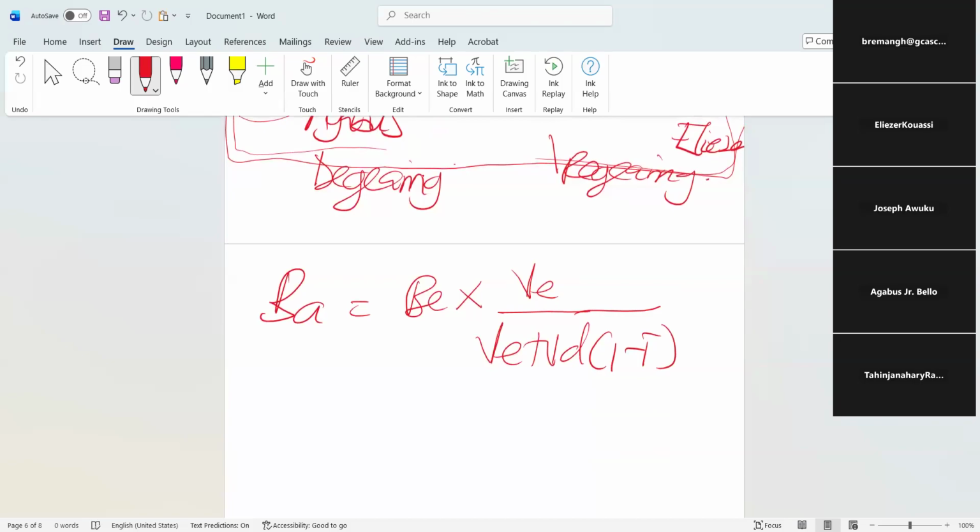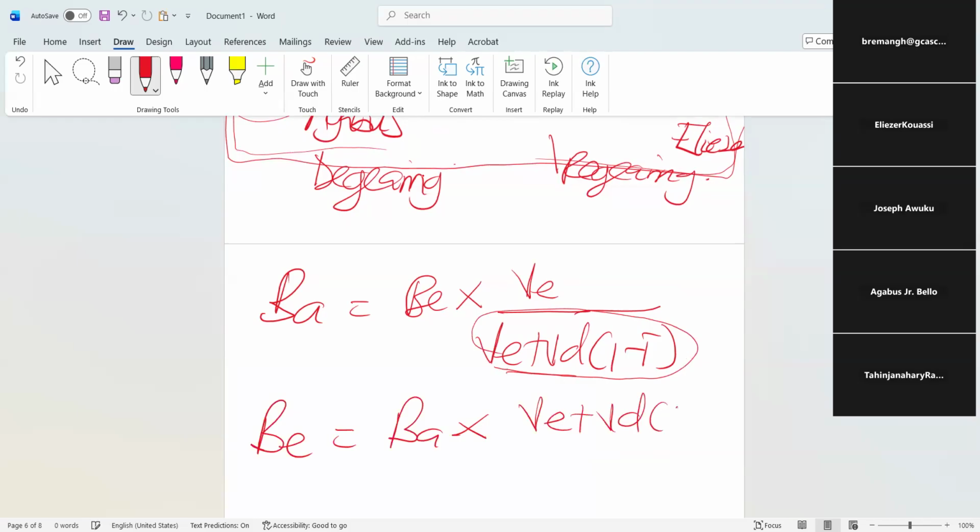Then if we want to calculate equity beta, it is asset beta. It is not difficult. I'll show you the easy way to remember. This denominator here will now become the numerator. We just turn it upside down.